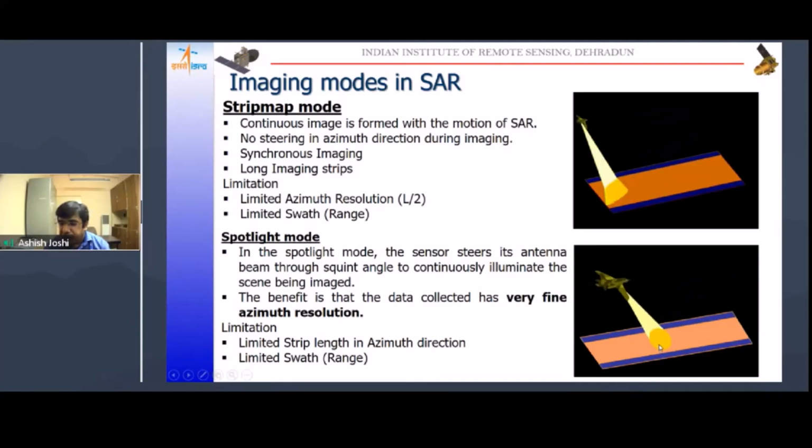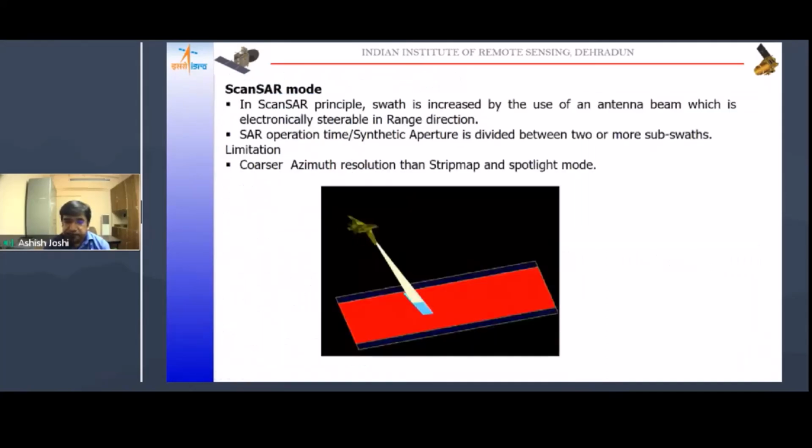So in the spotlight mode, the swath has decreased in both the azimuth direction and the range direction, but the resolution has increased in the azimuth direction. In the range direction, the resolution is the same for strip mode and spotlight, but the improvement of resolution only happens in the azimuth direction.